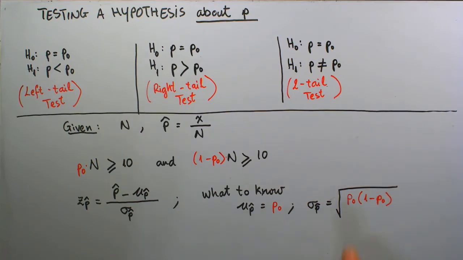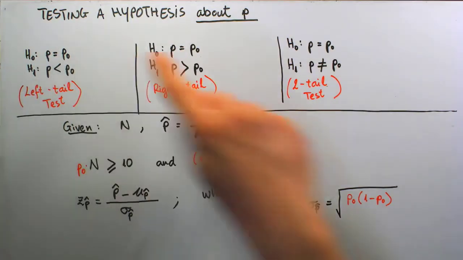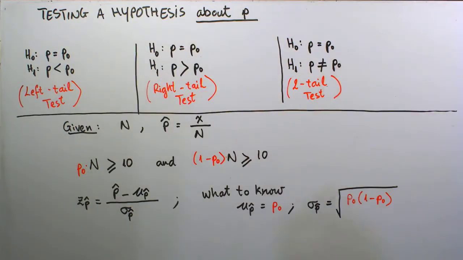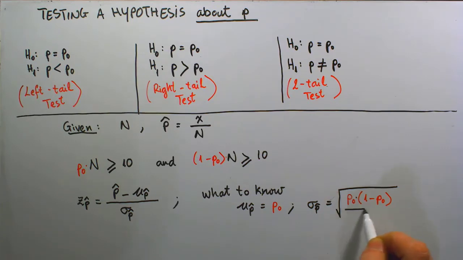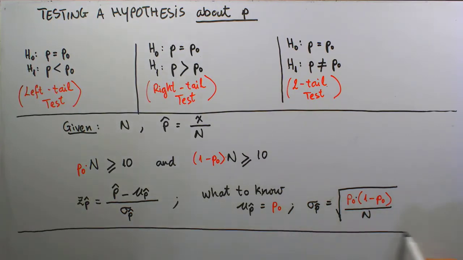So as a reminder again, this p sub 0 is the value that's stated in the null hypothesis. And this product here is divided by the sample size, and everything is taken inside a square root. Once this step is done, calculating the z-score for our sample, the next step is to set up the calculation for the p-value.